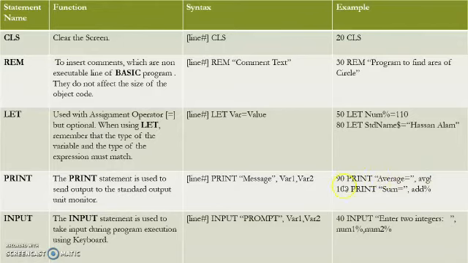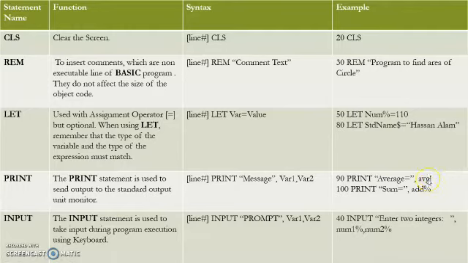In the last column you can see the example code. For example, at line number 90 in a program, we are going to use the PRINT statement to display the message average is equal to, written within double quotation, then with a comma we have separated the variable, that is avg, which is a single precision variable.